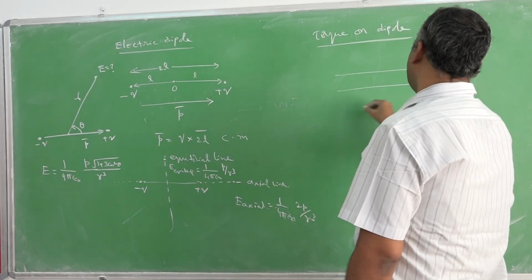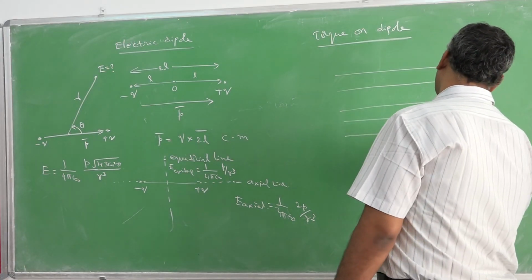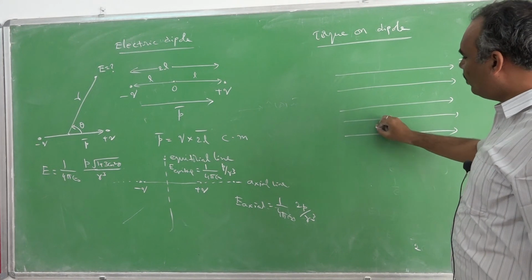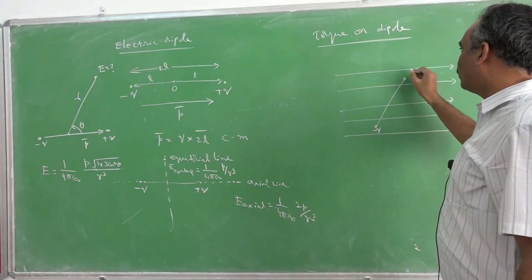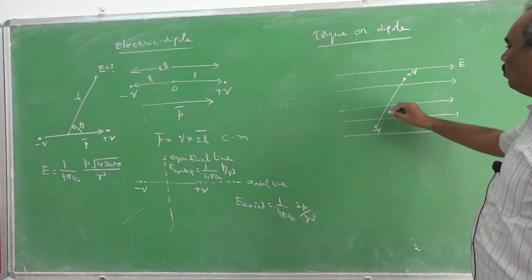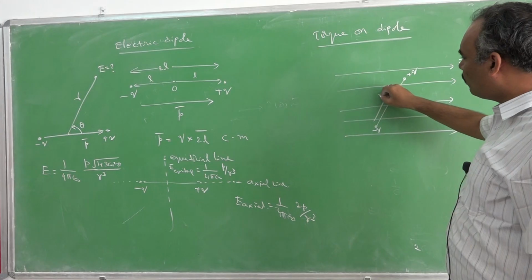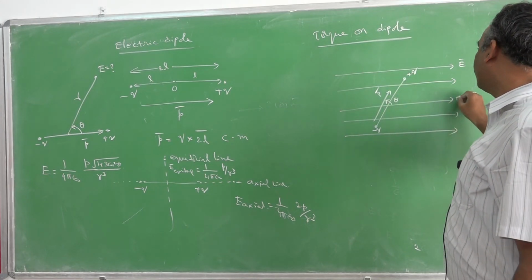If all the lines of force are parallel to each other, such a field is called a uniform electric field. In this electric field, if I keep a dipole of minus q and plus q charges, the dipole has some dipole moment vector p bar, which makes some angle theta with the direction of the electric field vector.